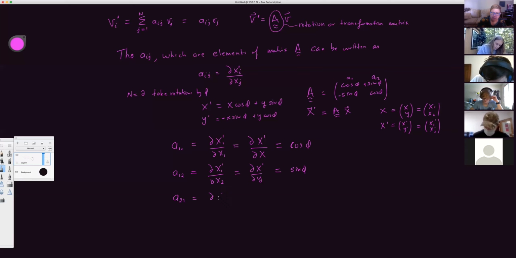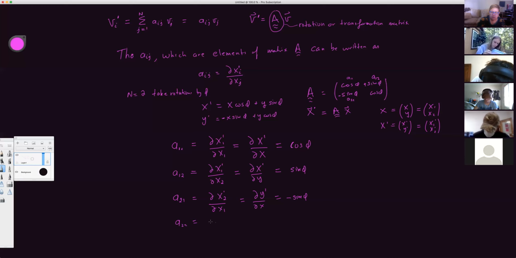That's partial x2 prime, partial x1, which is decoding partial y prime, partial x. Negative sine phi. As promised, that's A21.